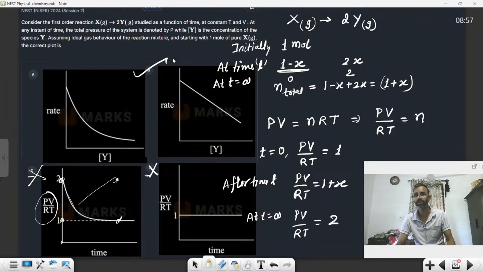Yes, got it? Can it be A also? But if it is x, even then, rate versus y is a straight line graph.